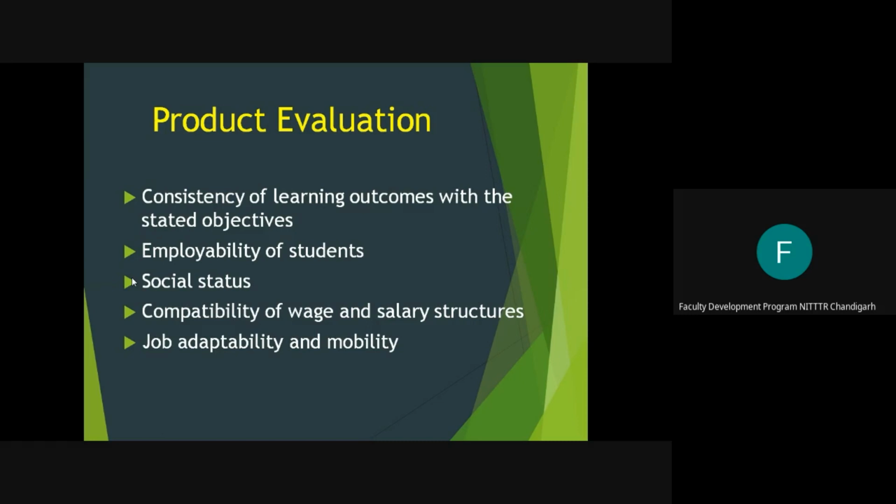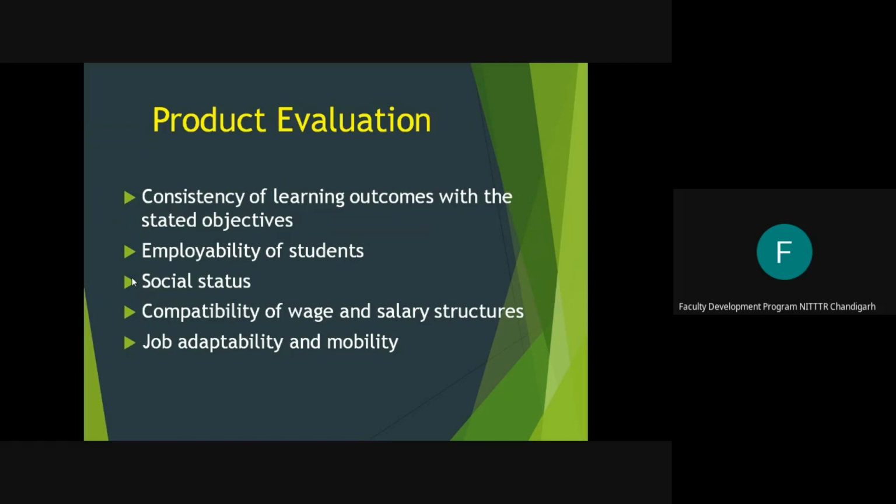Similarly, a pass out from an ITI should be getting employment equivalent to that certificate holder, maybe as a fitter or welder or plumber, or some machine operator, turner, or painter. So many programs are going on. So for the pass out from a certificate, diploma or degree level program, what is their social status? That is very important.